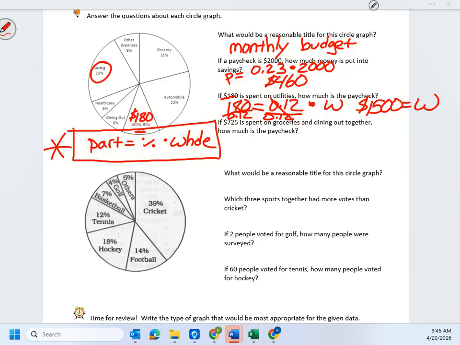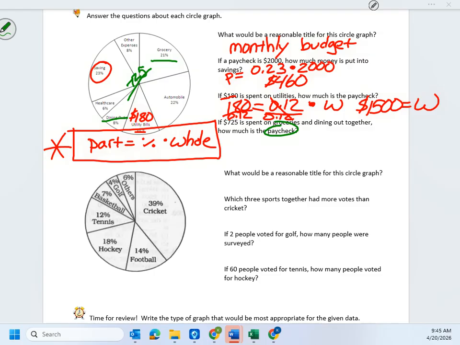So we know that the part is $725 for our two sections, groceries and dining out together. We want to know how much that whole paycheck is.